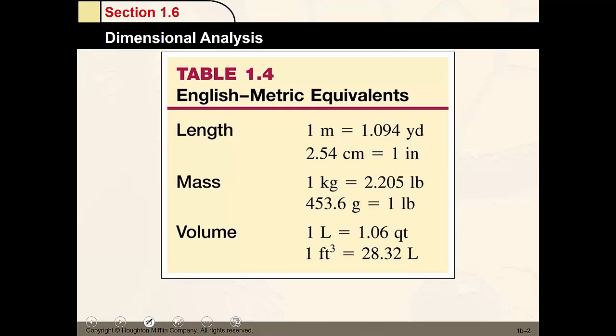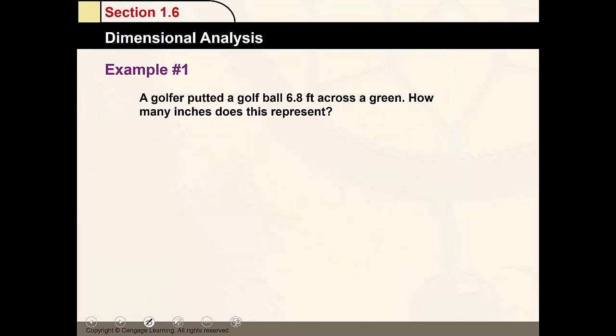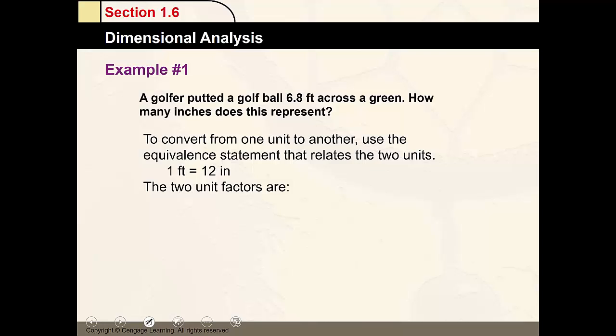Okay. So, an example of that, let's say you're playing golf, you want to hit a 6.8 foot putt across a green. We want to know how many inches that represents. So this one you should probably know. So in 1 foot, there are 12 inches. So this right here is the equivalence statement, or conversion factor.